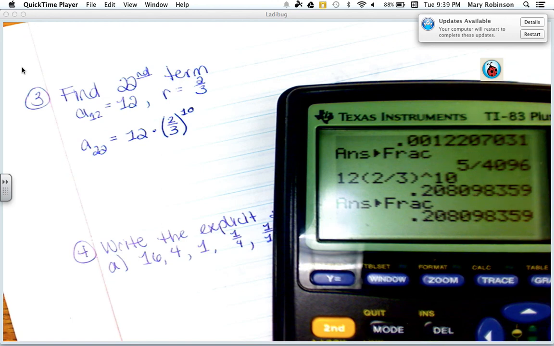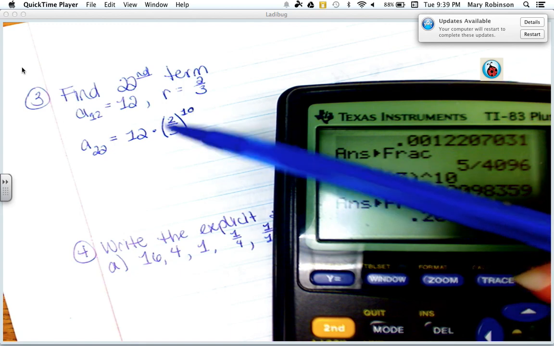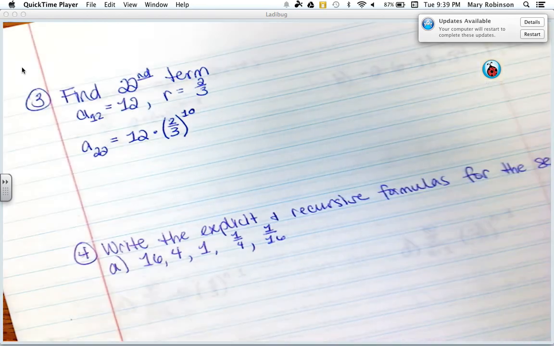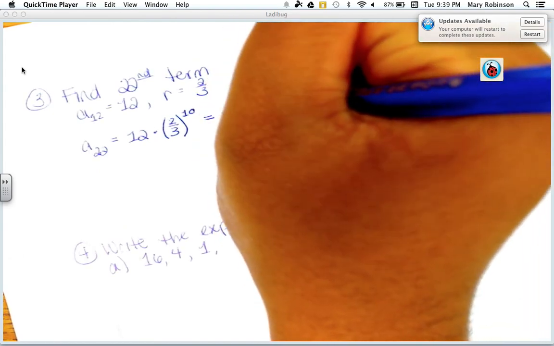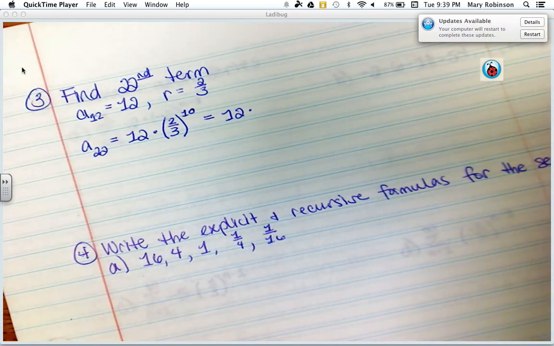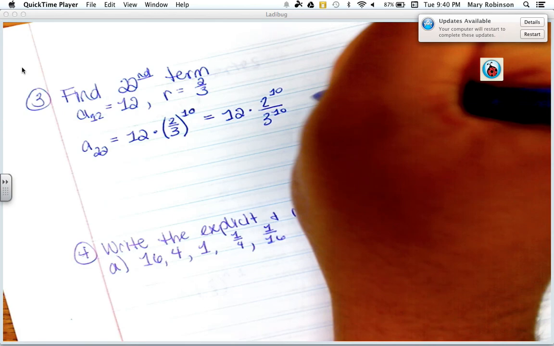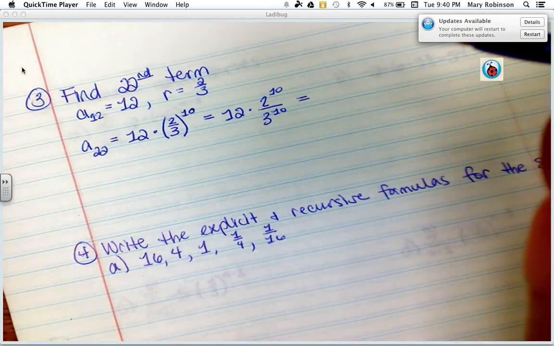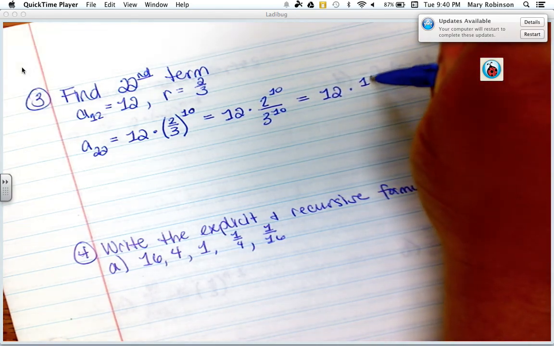When you raise a fraction to a power, you raise the numerator to the power and the denominator to the power. So this is the same thing as 12 times 2 to the 10th over 3 to the 10th. So 2 to the 10th is 1024.